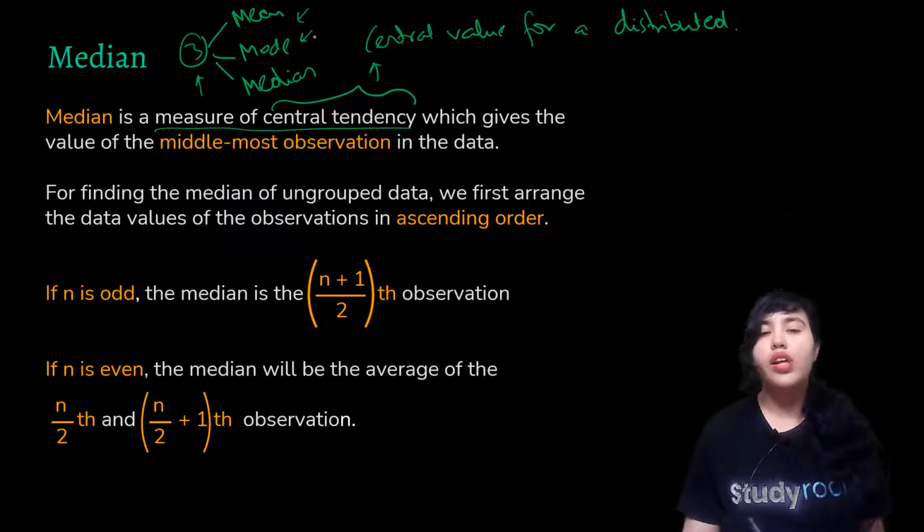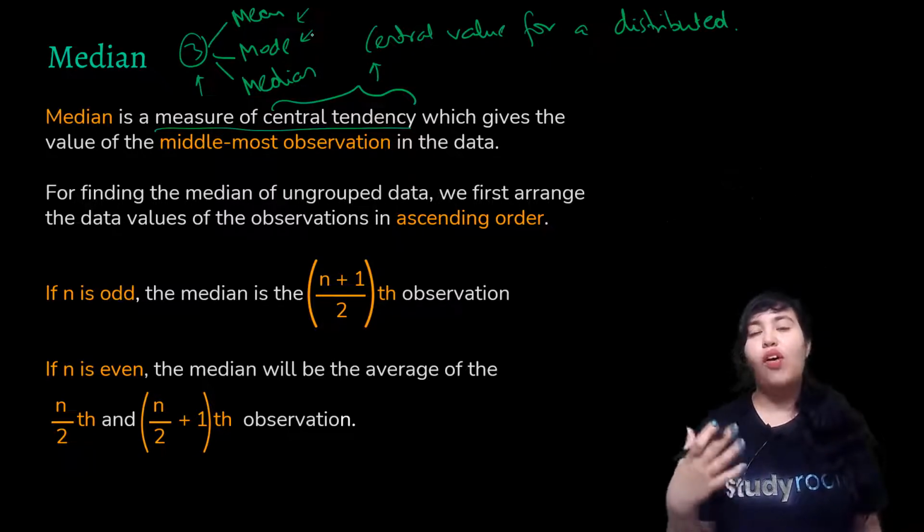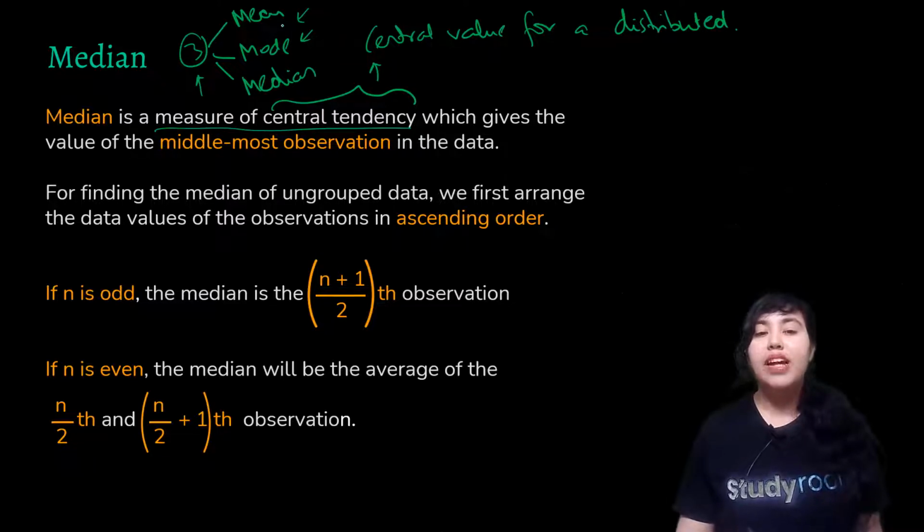Mean and mode are all attempting to provide a description for your set of data, to make sense of it. Whatever measures we calculate are called measures of central tendency. They are all hinting at the central value for the distribution you're dealing with.